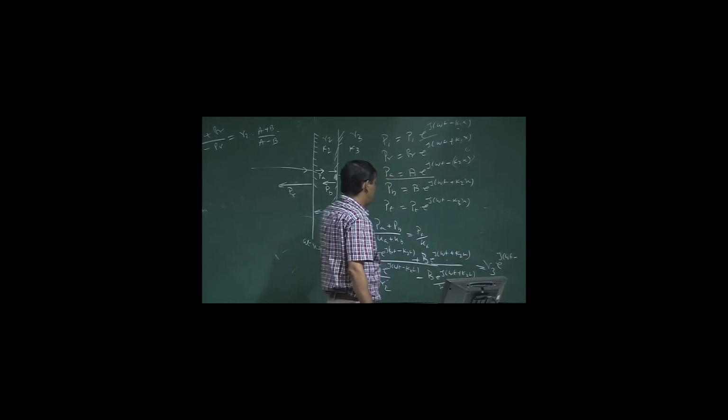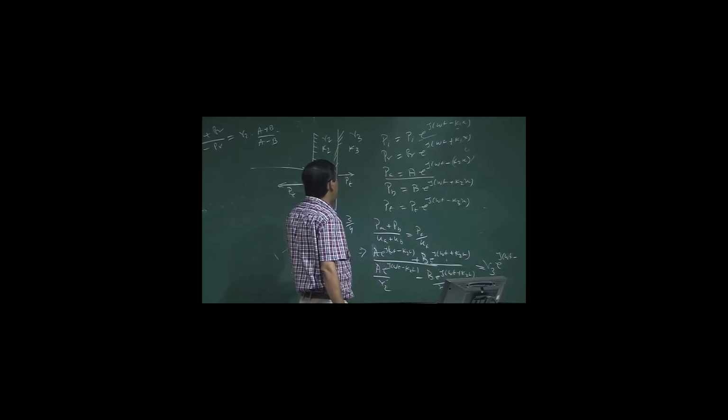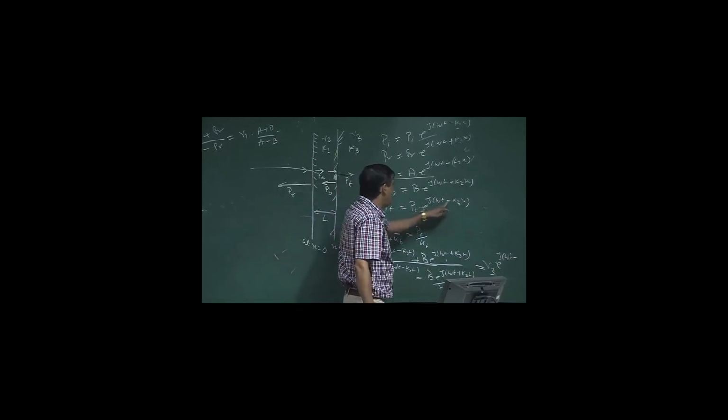Now from there, what will I get? The e to the power j omega t will be cancelled, and Pt will cancel. So it is nothing but r3.